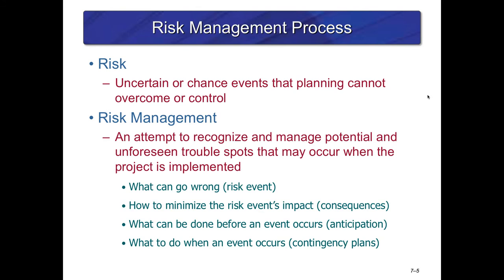So risk management helps us understand how it's going to be fixed or how we can implement our strategy for overcoming that risk. So we think about what can go wrong. How do we minimize the risk event's impact? What are the consequences? What can we do before the event occurs? And what are some contingency plans that we develop as we go through, okay?